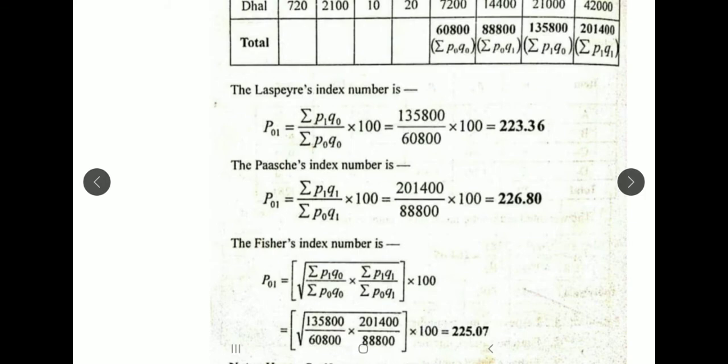So 1,35,800 divided by 60,800, into 2,01,400 divided by 88,800. That is your Fisher's index number. If you do this, you will get 225.07.